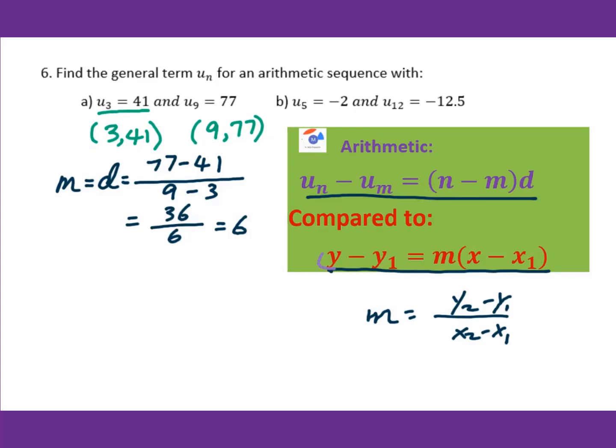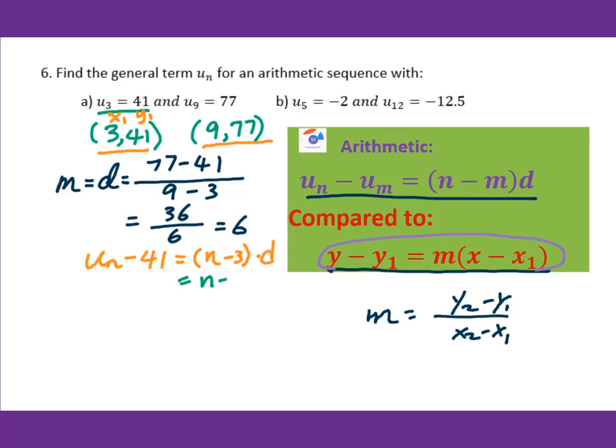Then we use the point slope formula to figure out the general form for this arithmetic sequence. You can use either point as our x1, y1. This time, the y is u sub n, so u sub n minus 41 equals n minus 3 times d, that is 6.